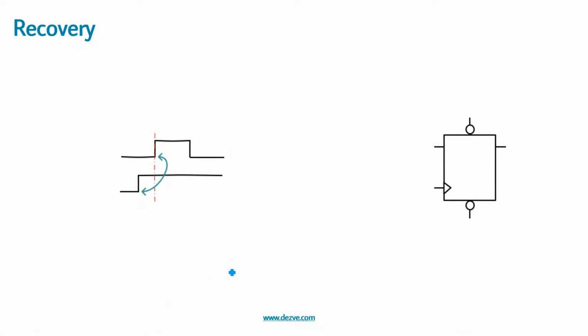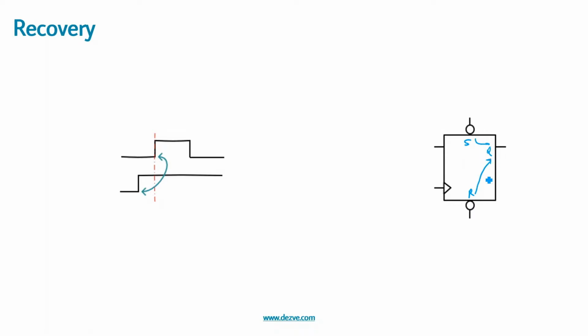So let us now move on to recovery and removal paths. We have said earlier that, let us assume this is set and this is reset and this is Q out. We have earlier said that this reset can cause the output to change via this combinational path, and similarly this set pin as well.